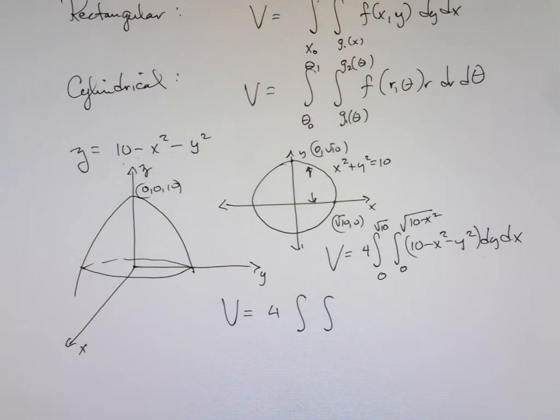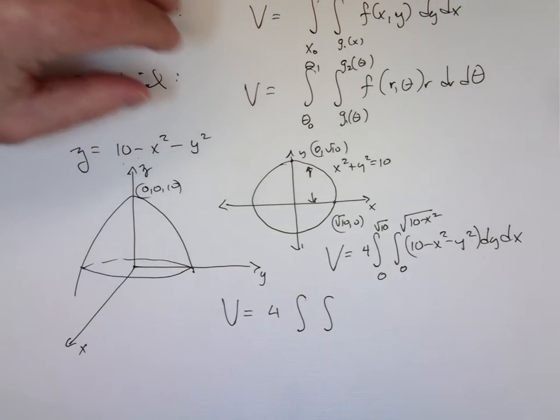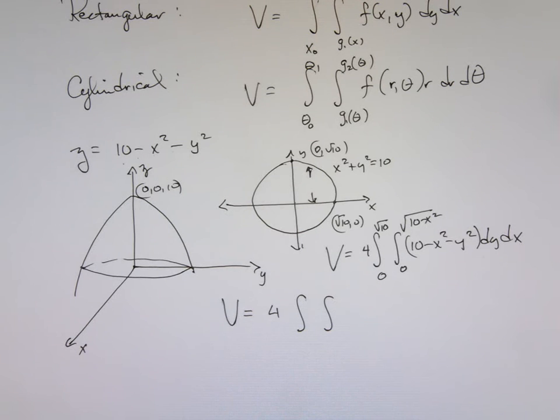We're going to have z equals what? 10 minus r sine squared minus r cosine squared? Yes, but when you do that and simplify it, r squared is correct. You'll end up with 10 minus r squared sine squared plus r squared cosine squared, which is r squared because sine squared plus cosine squared is equal to 1.